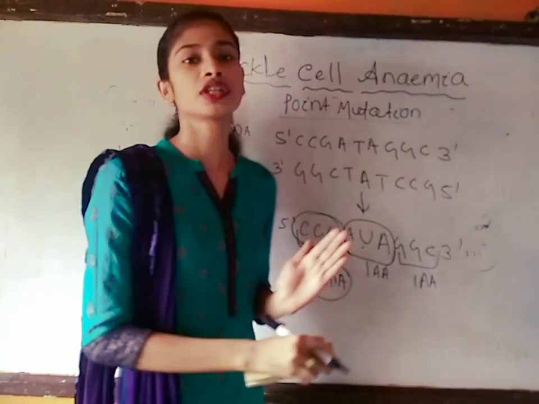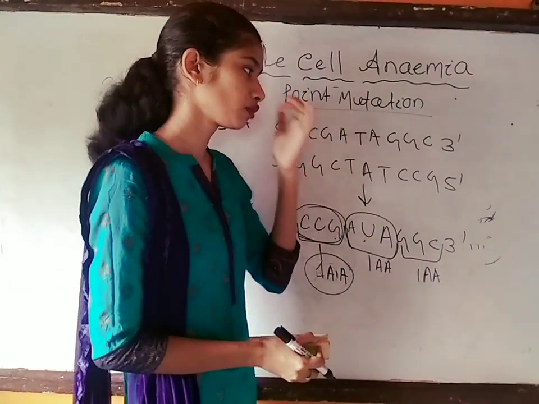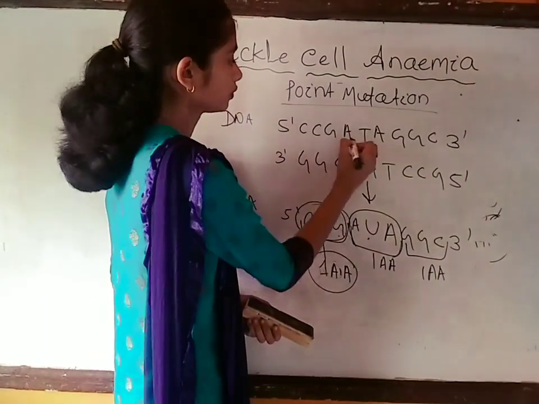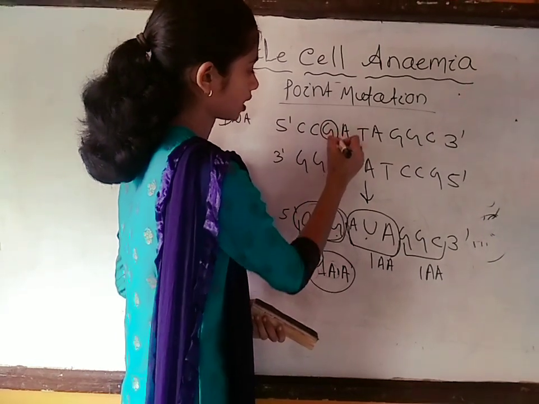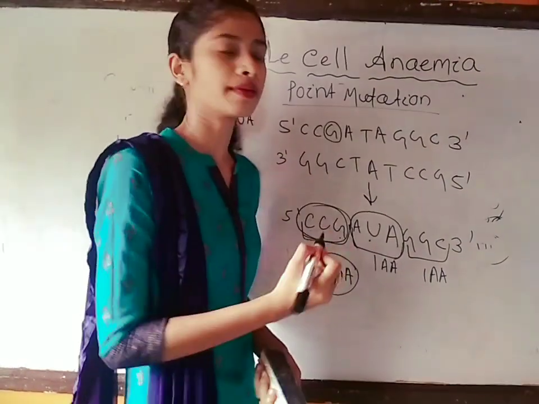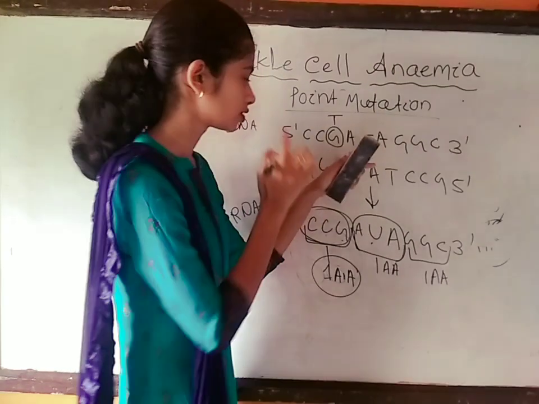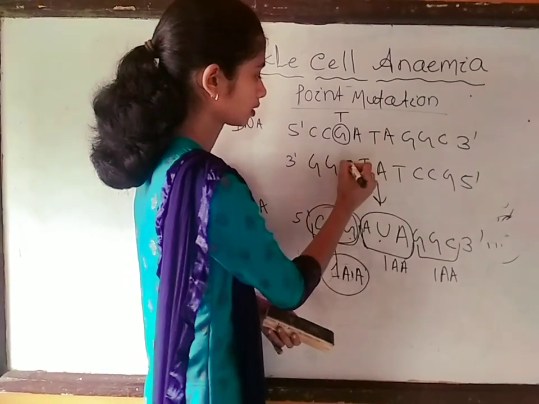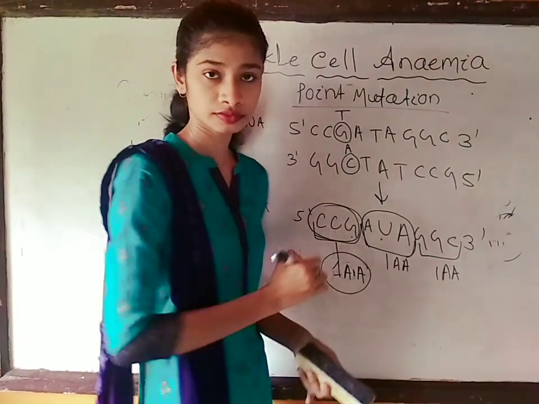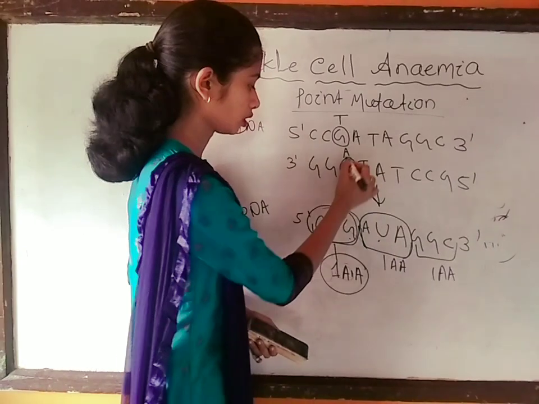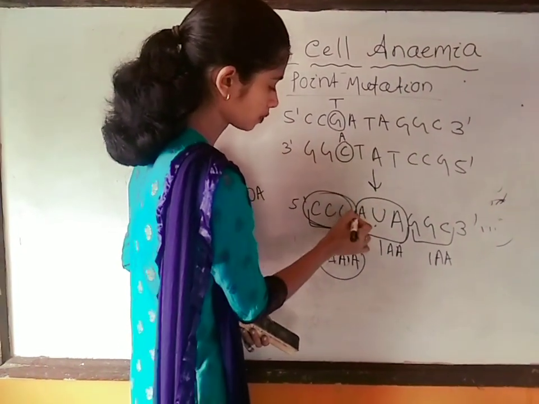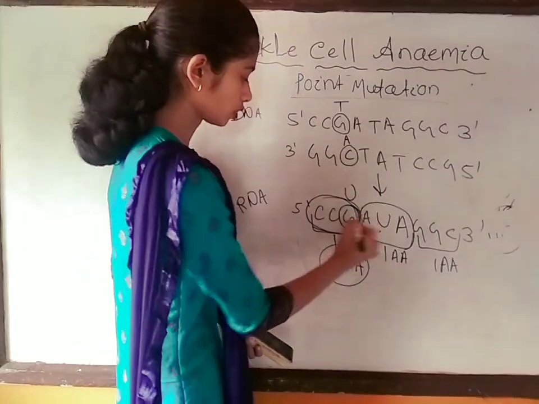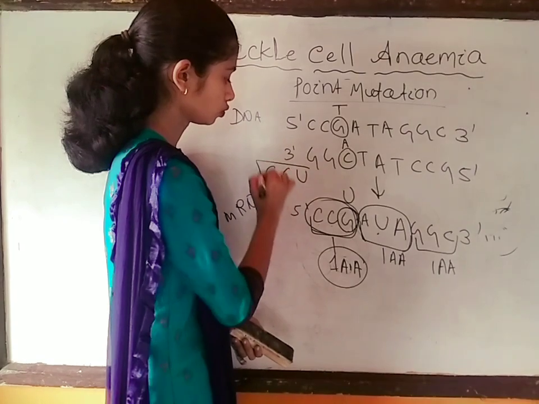If a mutation occurs, as I said, in the DNA strand in the previous step, suppose this guanine G is mutated to thymine. If we replace this guanine by thymine, then the complementary strand will have A, adenine. Then in the RNA, the C which replaced G will become U, and this codon will become CCU.